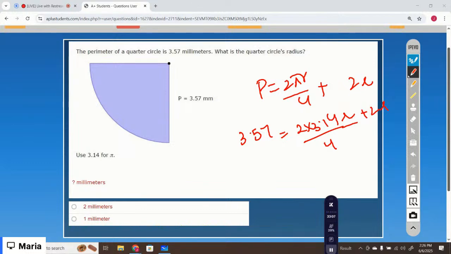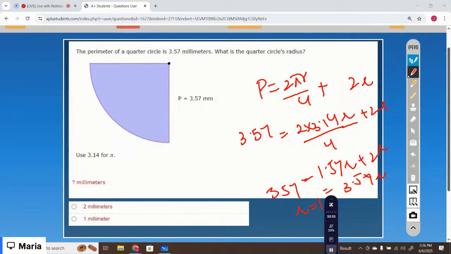So that is 2 times 3.14, 6.28 divided by 4. That is 1.57 r plus 2r. So that is 3.57 r equals 3.57.